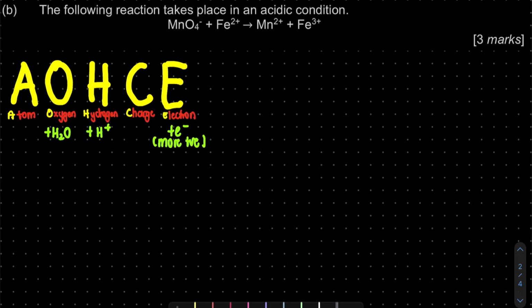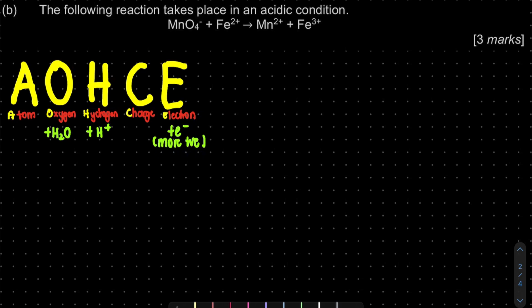Next, we're going to calculate the charge on both sides, on the reactant and on the product side. Once we have calculated the charge, usually it is not balanced. Once you have determined which one is more positive, you're going to add electron to it, so that the equation will balance on the reactant and the product side.